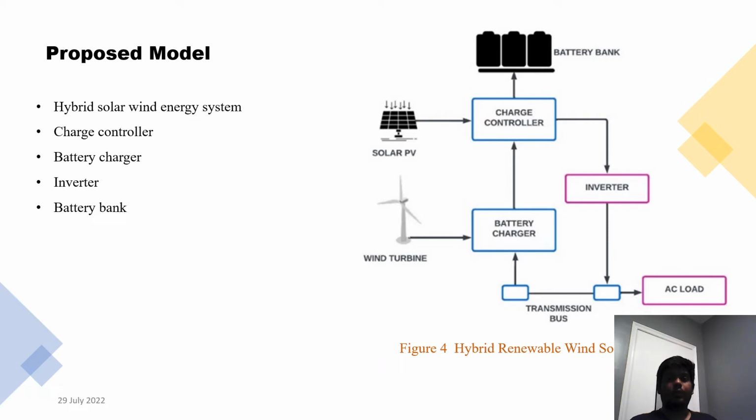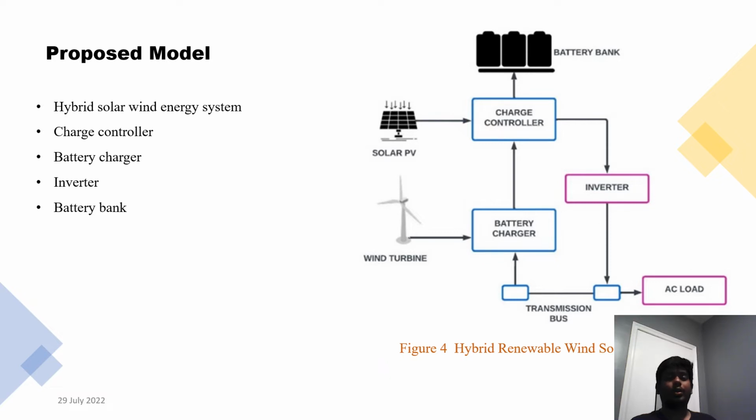In Figure 4, we can see the proposed model of the hybrid solar-wind powered energy system with the charge controller, battery charger, and the inverter unit, which satisfies the AC load for the community.